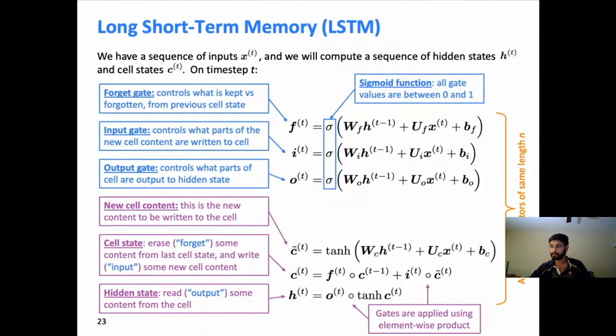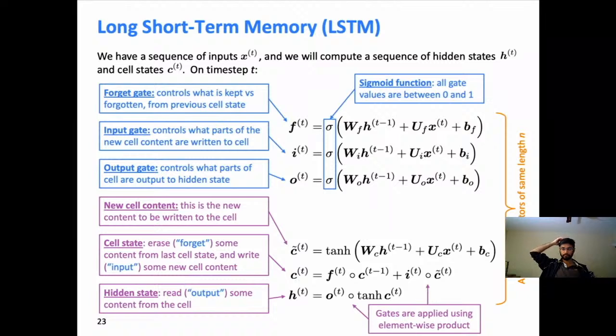Why is it not computed based on CT-1 itself, right? Because surely you want to look at the thing to figure out whether you want to forget it or not. That's a pretty good question. So I suppose one reason why you might think that this works fine is that the LSTM might be learning a general algorithm for where it stores different types of information in the cell, right?